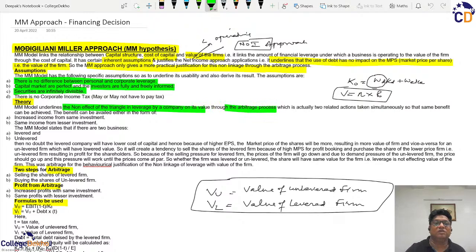Before we move further, we have to understand what an arbitrage process is.